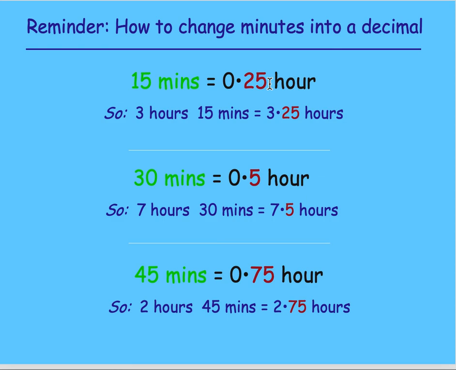When you think about a clock, and how a clock can be divided into 4 equal parts, you cut the circle into 4 equal sections, and each one is 15 minutes, which is 1/4 of an hour. 15, 30, 45, 60. So 3 hours and 15 minutes you're going to see as 3 and 25 hundredths hours. 30 minutes is 1/2 of an hour, and 45 minutes is 75 hundredths, or 3/4 of an hour.